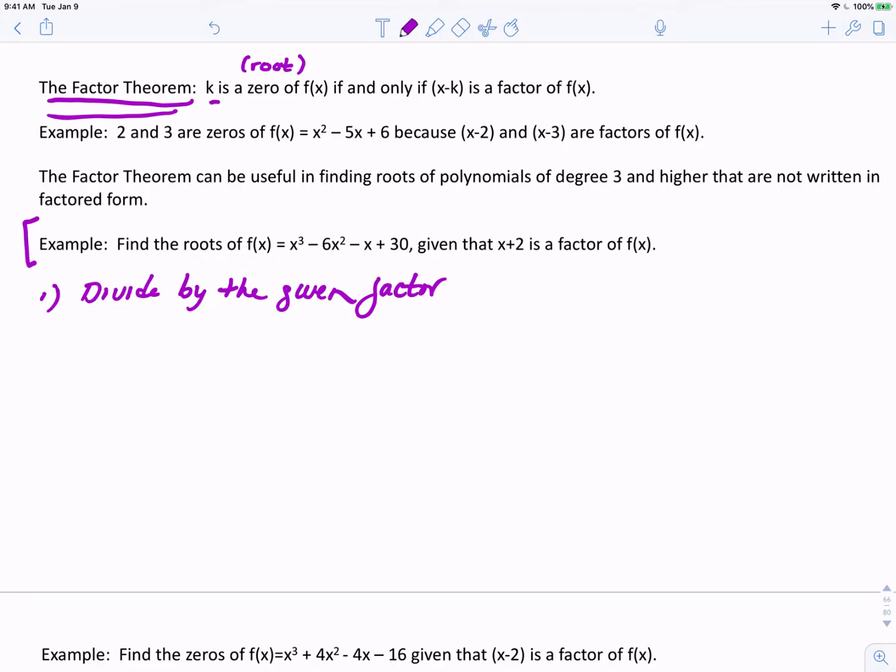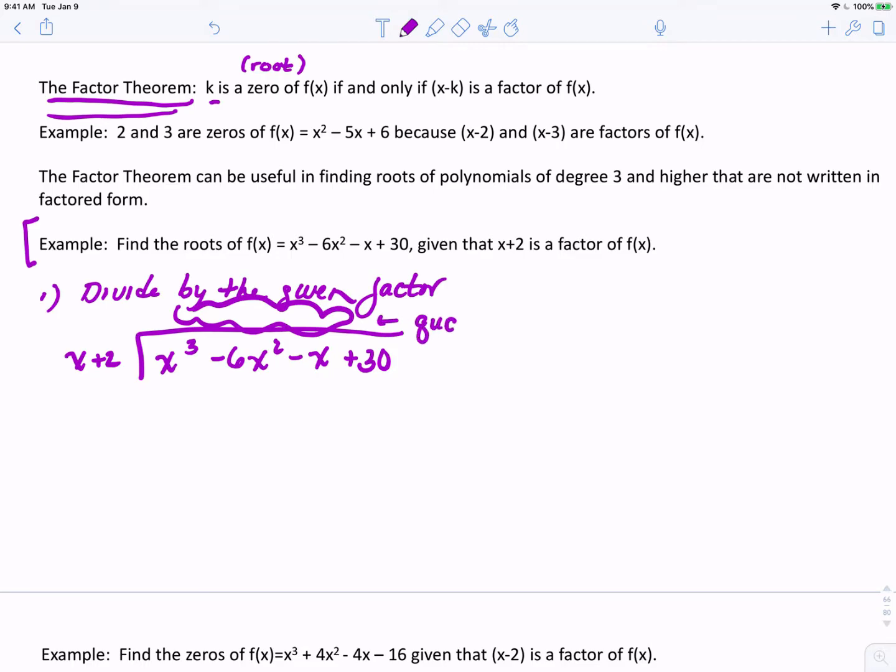So we want to take x cubed minus 6x squared minus x plus 30, and divide it by the given factor x plus 2. And this answer is going to be a quadratic equation. With that quadratic factor, we can solve it by using the quadratic formula or by continuing to factor.